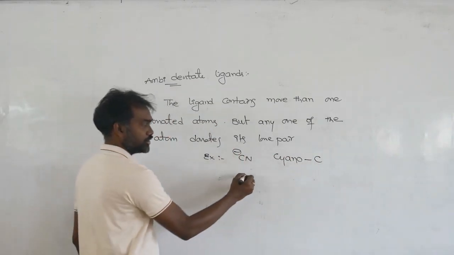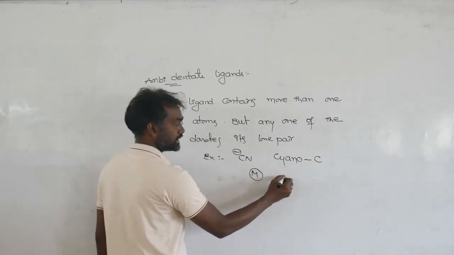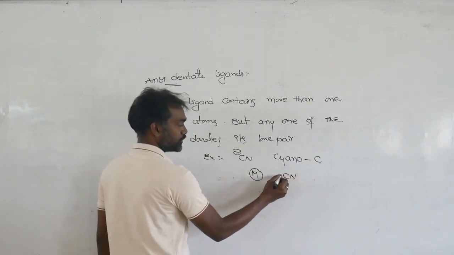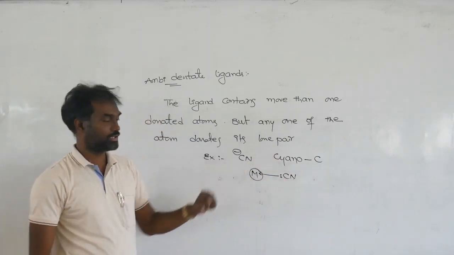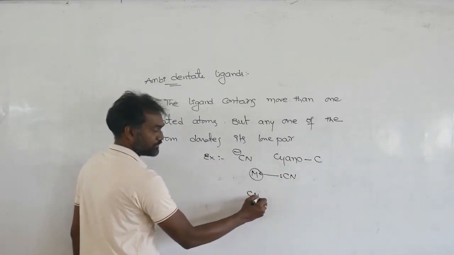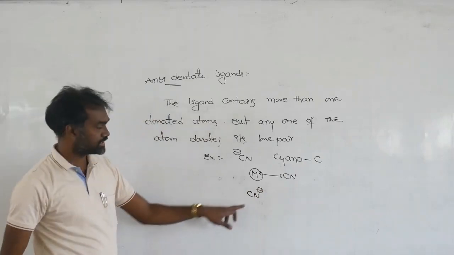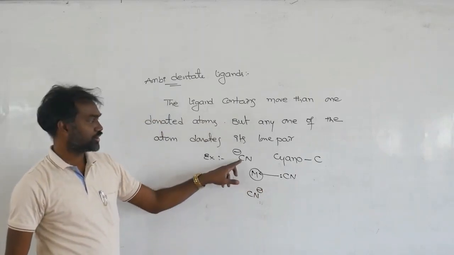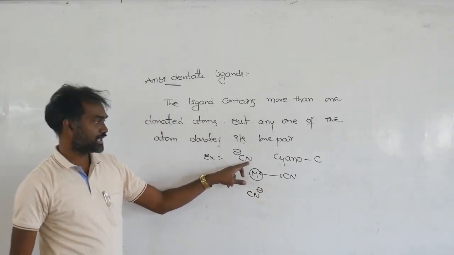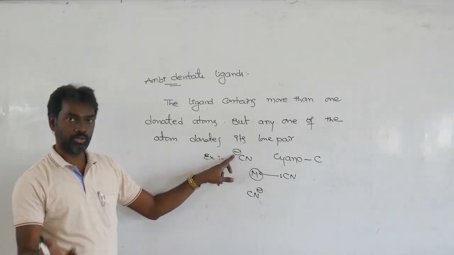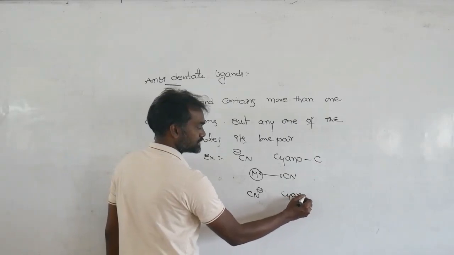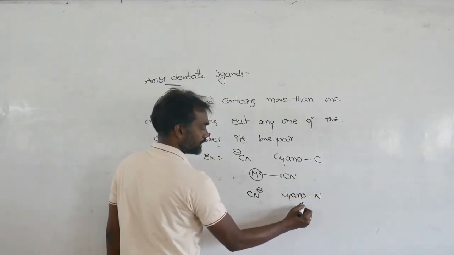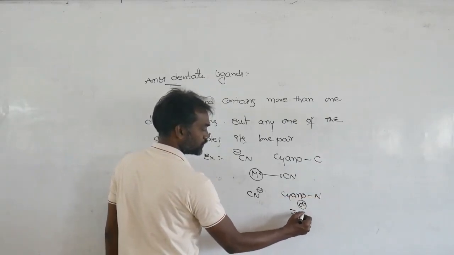Metal is there, and cyanide is donating its lone pair. Suppose in CN minus the negative charge is present on nitrogen. If you take cyano, carbon is there, nitrogen is there. Carbon can donate, otherwise nitrogen also. This is called cyano, otherwise isocyano.